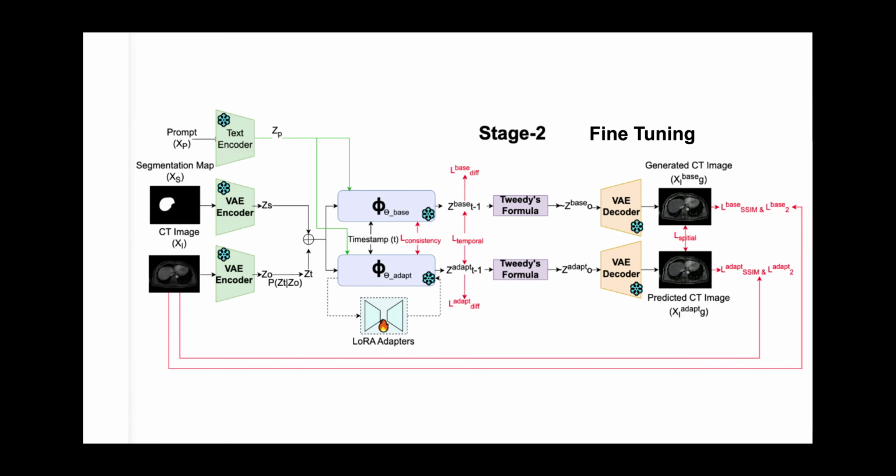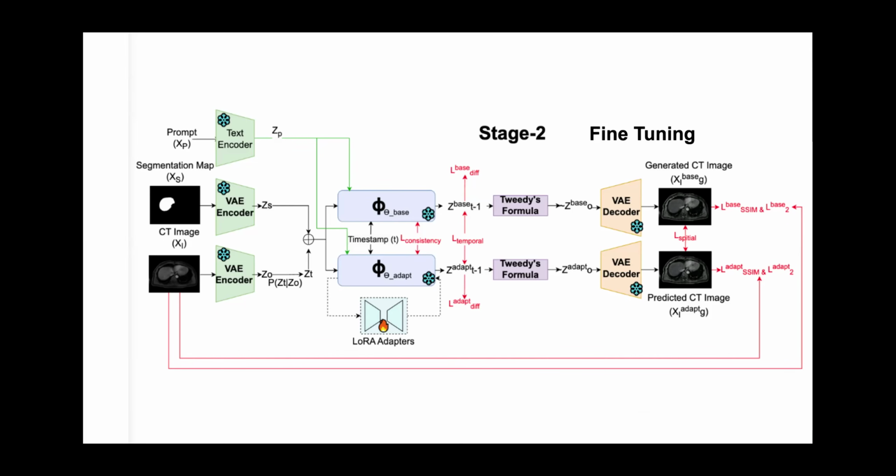The second stage is the pathology generation on top of any CT or MRI, how we can include the pathology on the particular MRI. In our case, we have shown cirrhosis, liver cirrhosis.